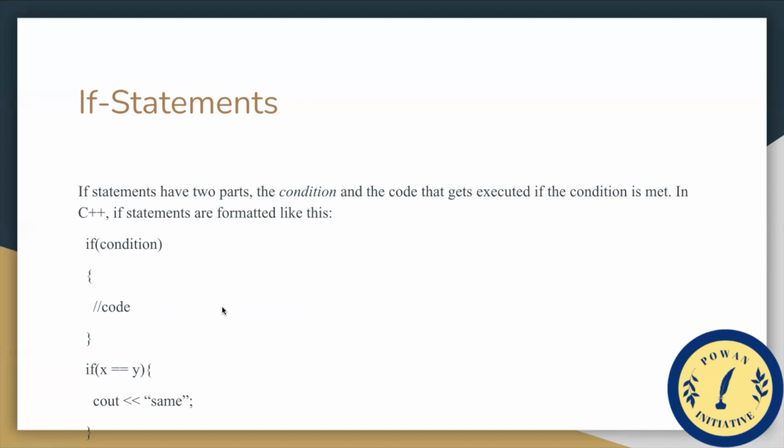If I go in the grocery store, something like that. So there is a condition which is always in parentheses, and that gets executed if it's met. Like you can say in C++, we have conditions like if x is equal to 5, then print out, congratulations, you're 5 years old or something like that.